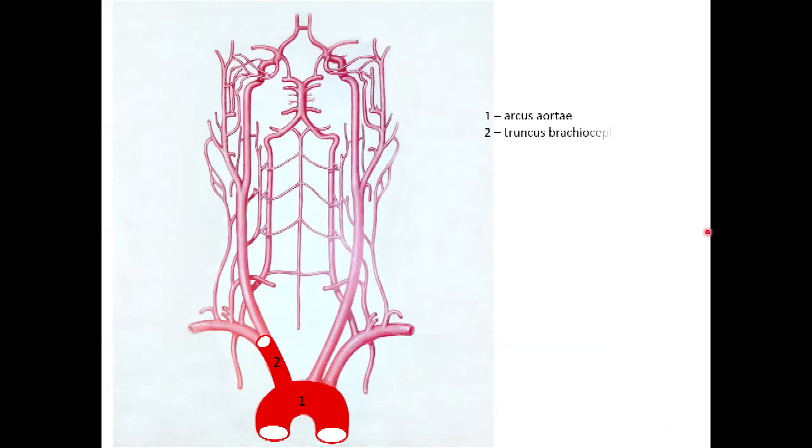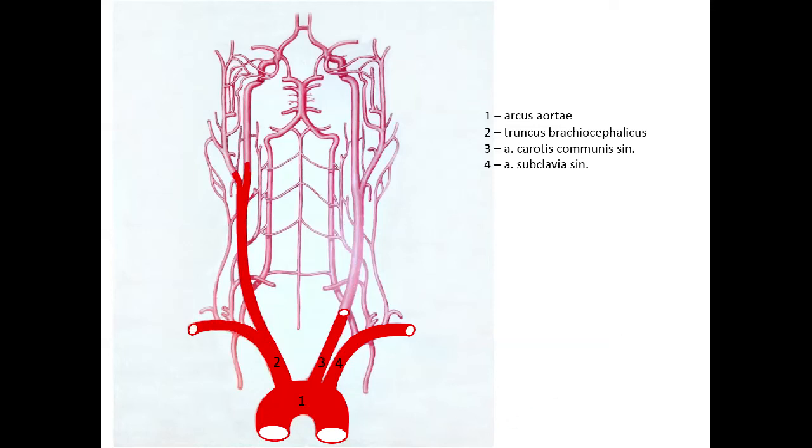Number 2, what is it? It's truncus brachiocephalicus. Number 3, what is it? It's arteria carotis communis sinistra. Number 4, what is it? It's arteria subclavia sinistra.